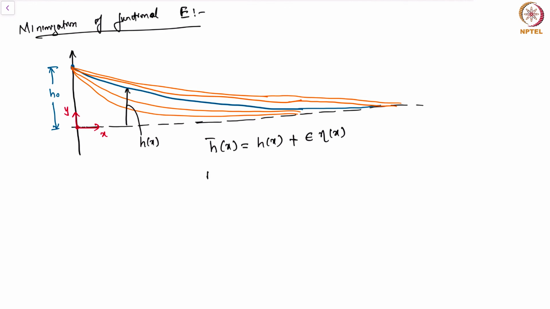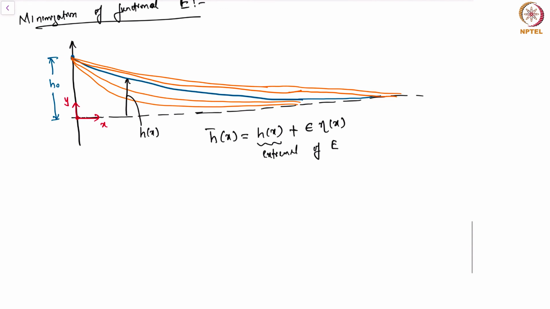So in other words, we want to find out that h of x is the extremal of E, meaning it will give us the lowest possible value of E. We know one thing, that we want to find E as epsilon goes to 0, right?